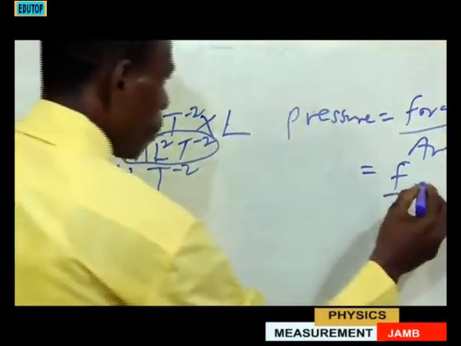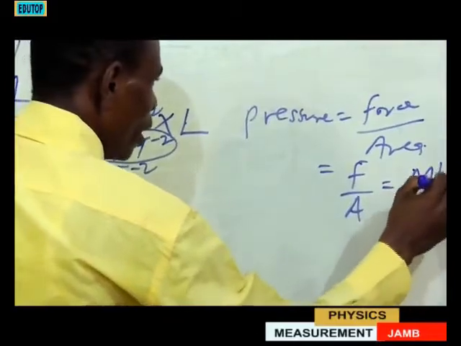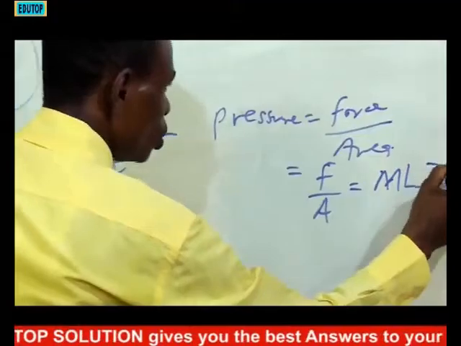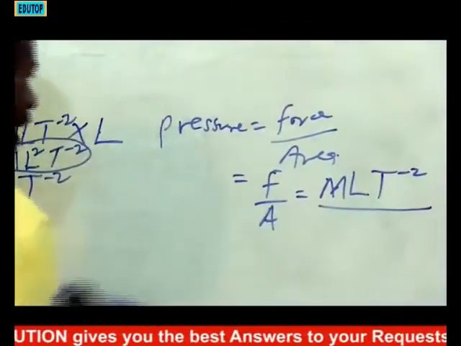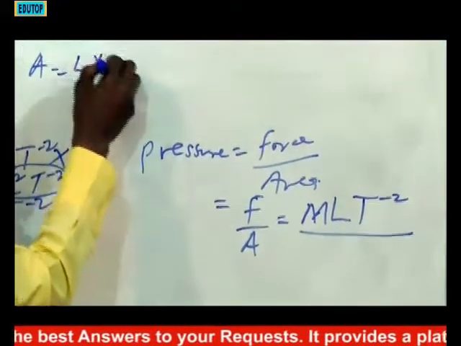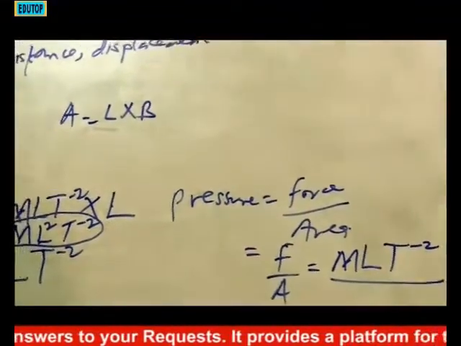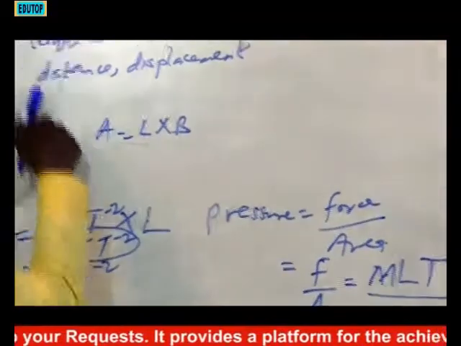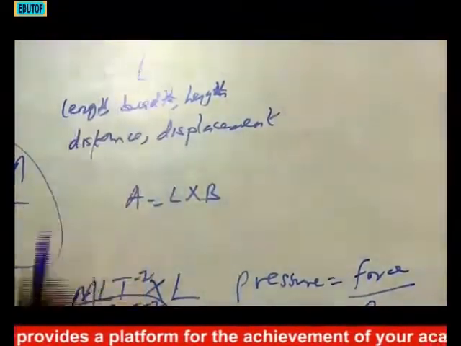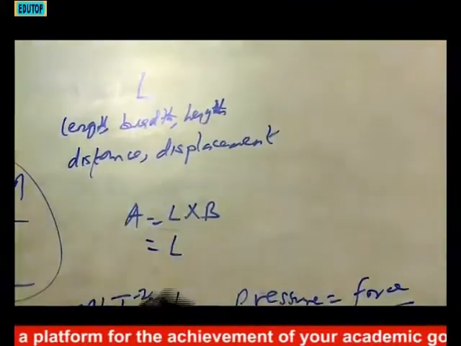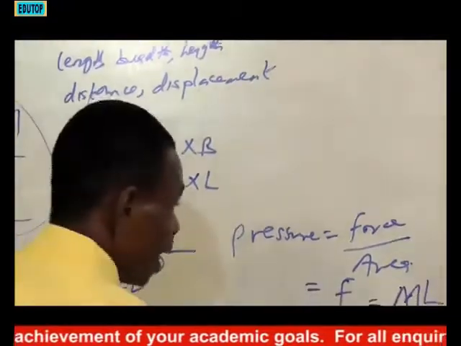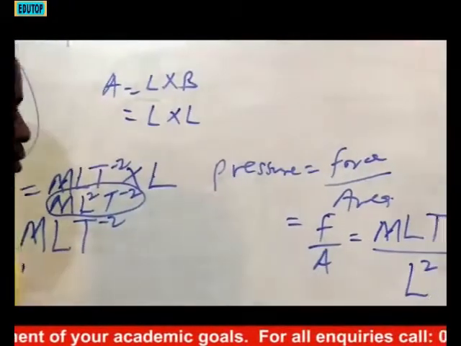Just bring it here: M L T raised to the power minus 2 over area. Your area is length times breadth. Now I've told you, whenever you see length, breadth, height, or distance, they have the same dimension as what? L. So the length is L, breadth is another L. If you put it together, we have L squared.